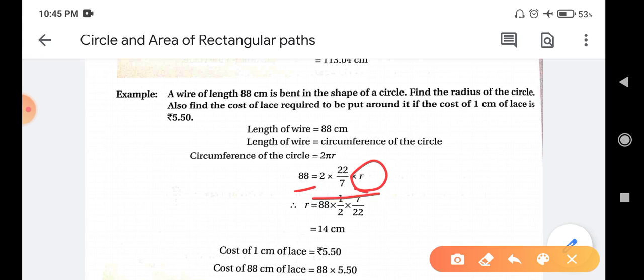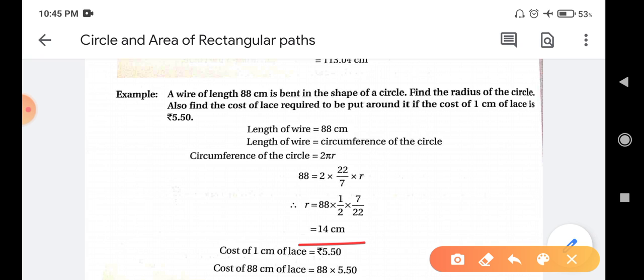So keep it, write the r as it is. Then we get radius is equal to 88 multiply 1 by 2 multiply 7 by 22. That is, we have transposed these values. Then we get the value of radius 14 centimeter.